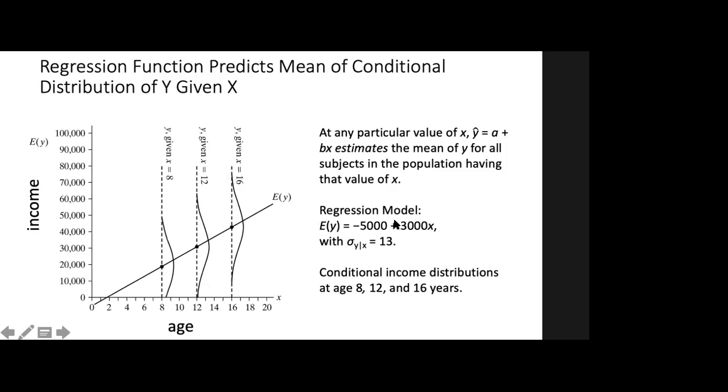So the regression model is the expected value of y, so the expected income is minus 5,000 plus 3,000 times the age. And that shows a classic example where you cannot interpret the intercept.